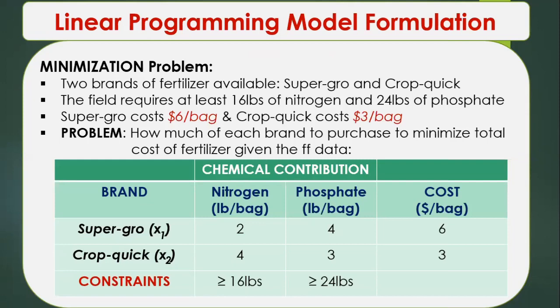Okay, as you can see on the tabulation presented, this is our tabulation for our chemical contribution. It is composed of 4 columns. You have your brand, nitrogen, which is expressed in pounds per bag. You also have your phosphate, which is expressed in pounds per bag as well.